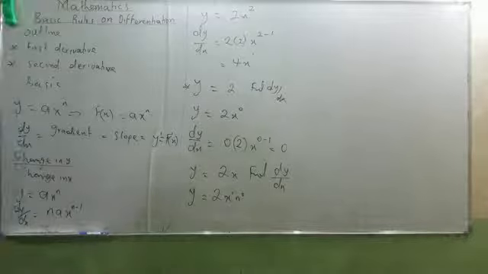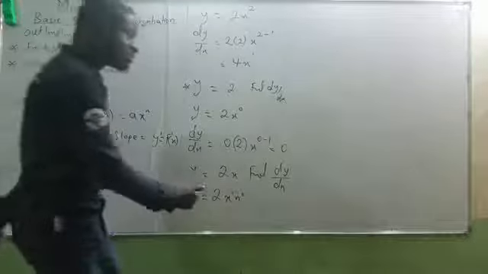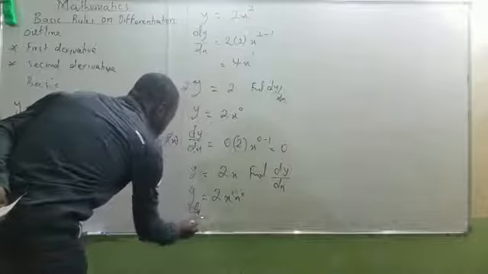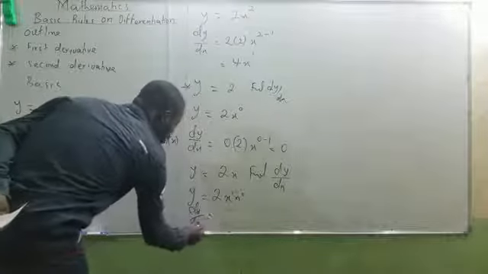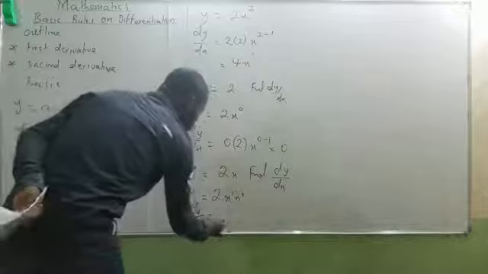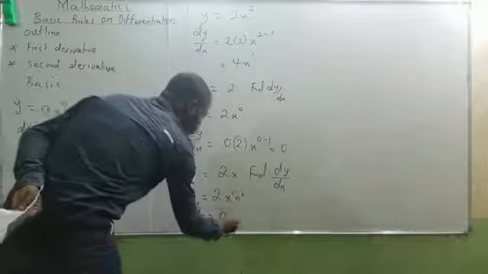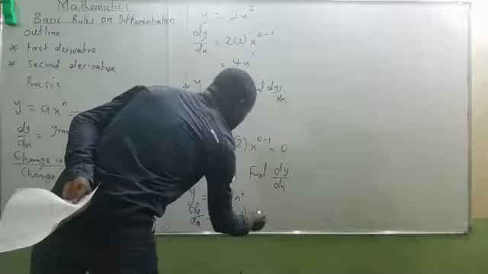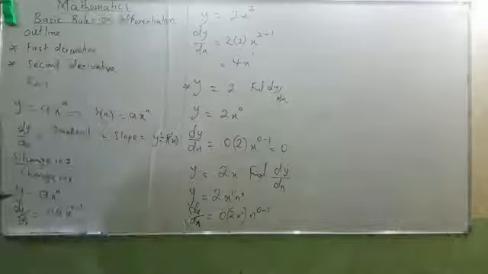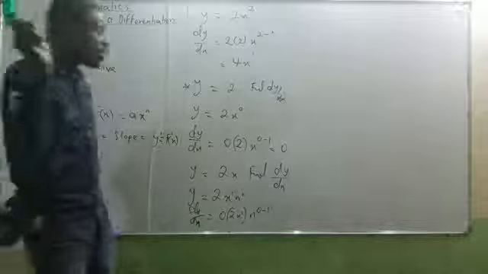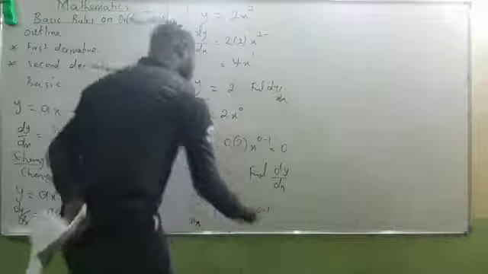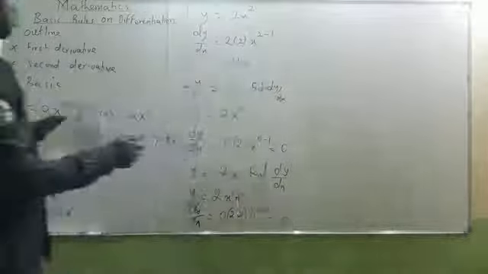Please take note of that. Now, I'm working with respect to n, not x. It means dy/dn will be equal to 0 times 2x raised to power 1, and n is 0 raised to power 1. Can you see? That is all about it. Before you lay your hand on any question, look at the respect. Very, very important. Take note of that very well.